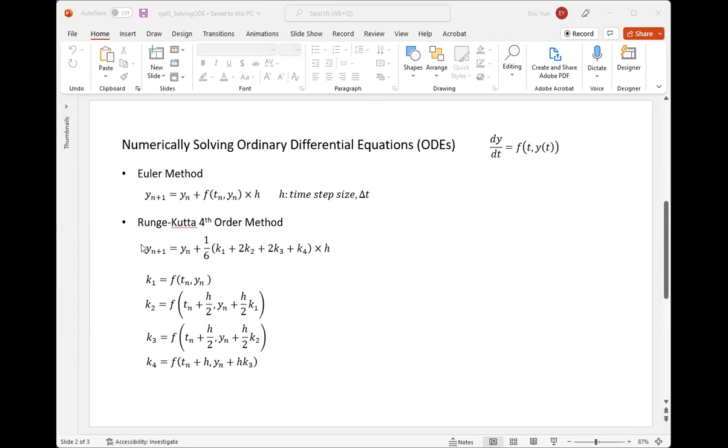How we do it is that y(n+1), one delta time step ahead, is y(n) plus 1/6 of k1, 2 k2, 2 k3, k4, times the delta time step, where k1 is evaluating this at y(n), and then k2 is moving at half time step and half k1 step, k3 is another half step with half of k2, and then finally t(n)+h and y(n)+h times k3, and then plugging these in here.